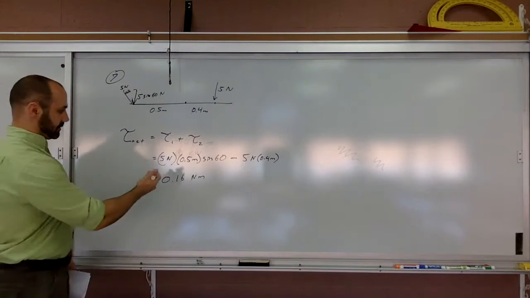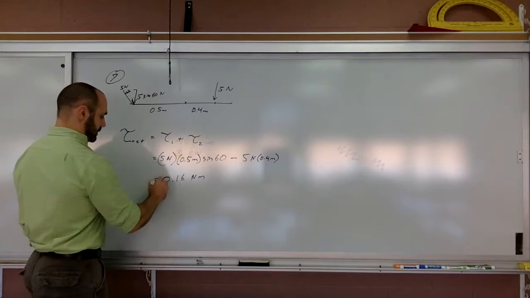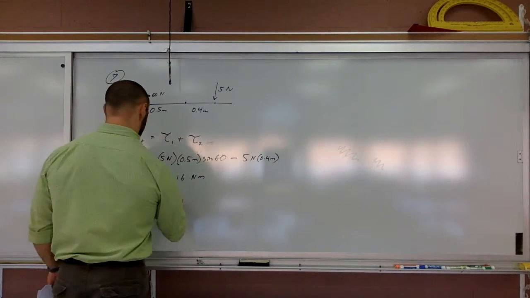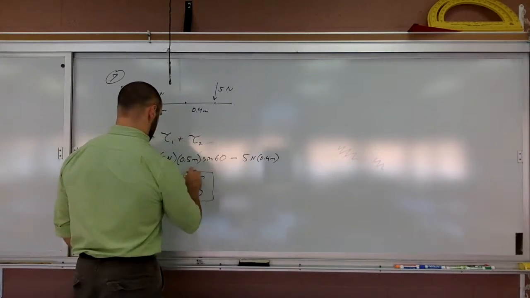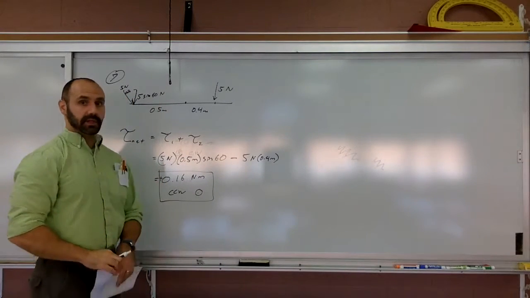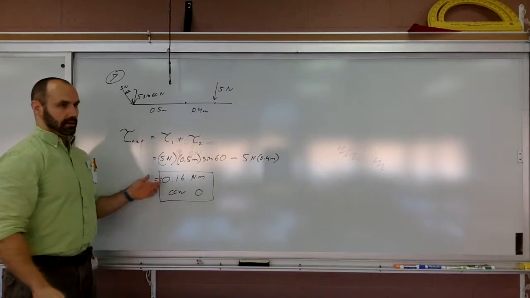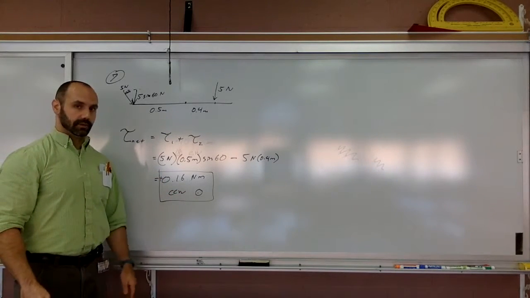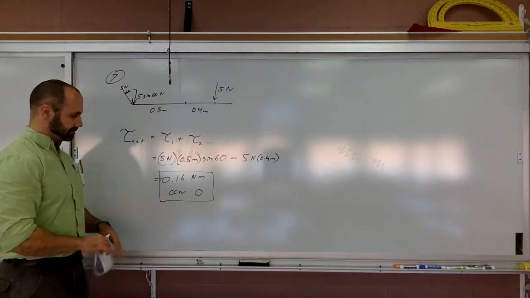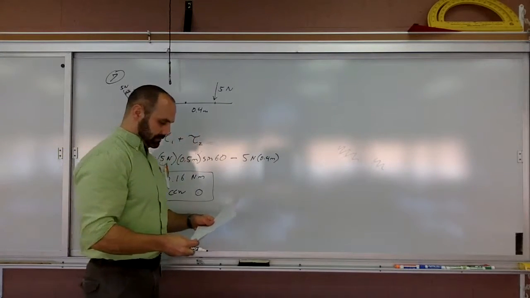Okay, and it's positive, so you could write positive in front like that. You could say it is counterclockwise or that. Again, you don't have to do all of these, but I'm just saying any of these can work as specifying the direction of the rotation.